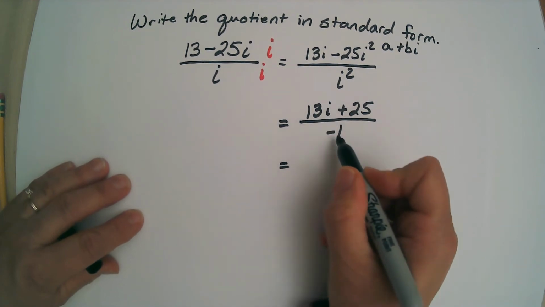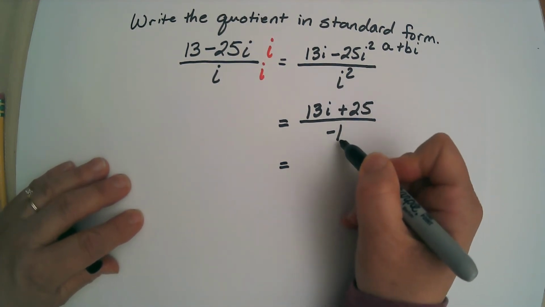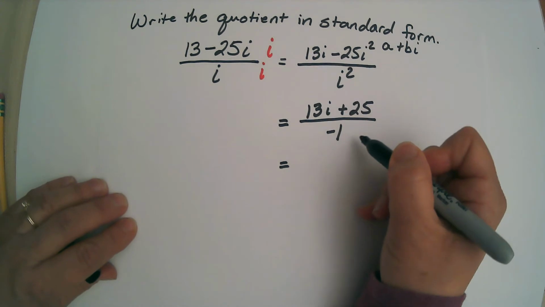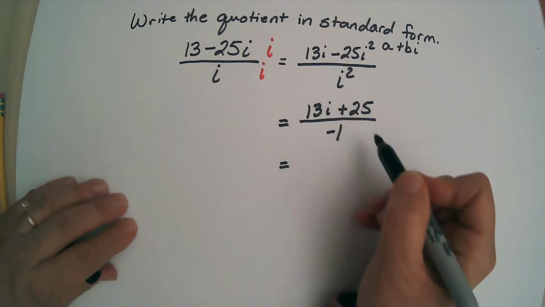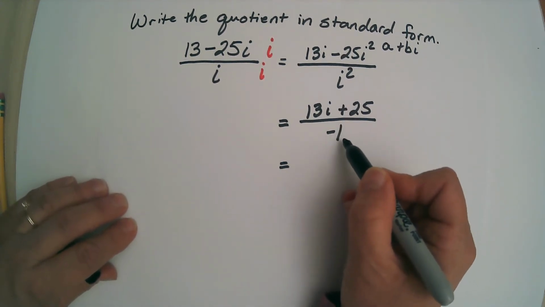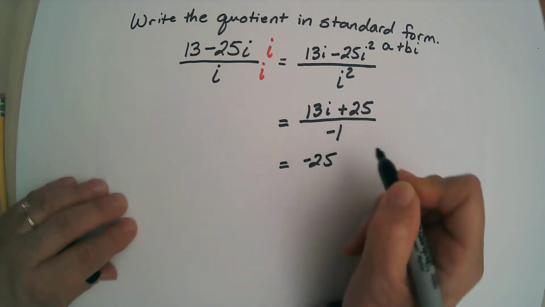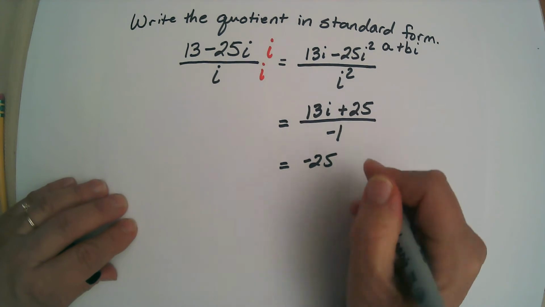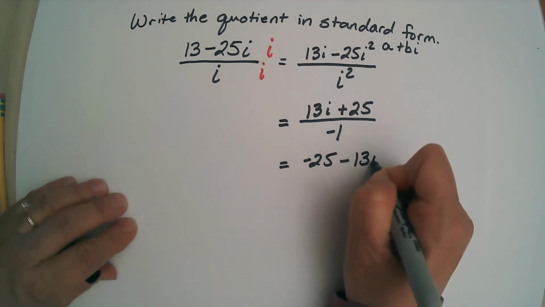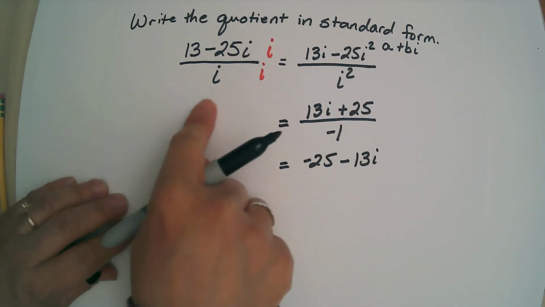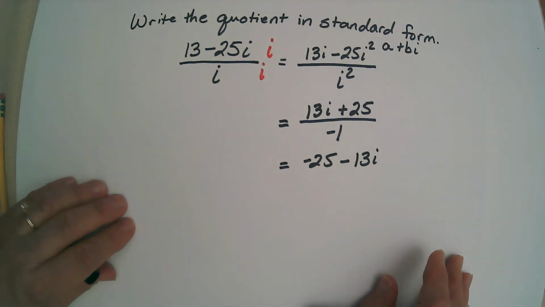So we have 13i over negative 1 and 25 over negative 1. We're going to do that division and write the real part first. So 25 divided by negative 1 is negative 25. 13i divided by negative 1 is negative 13i. And we have just written this number in standard form.